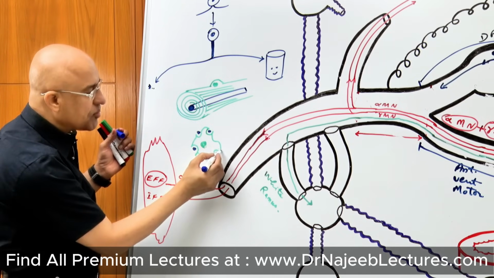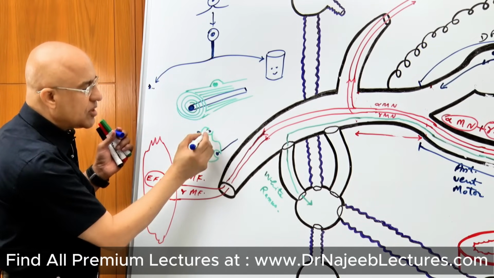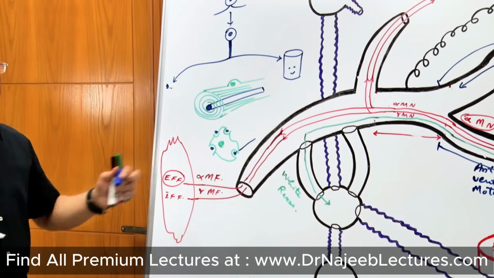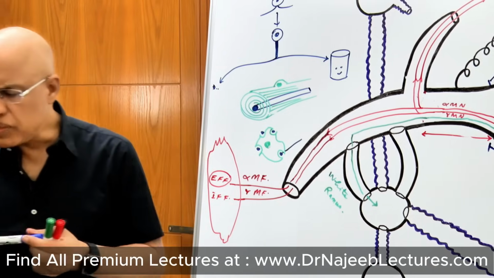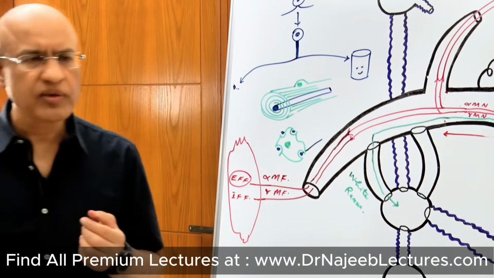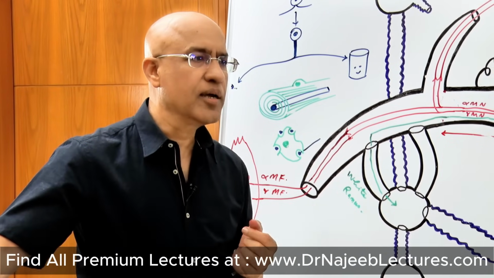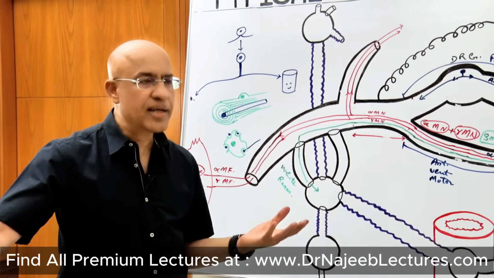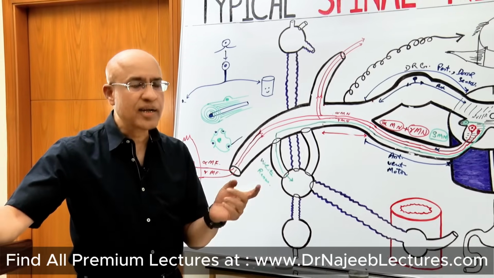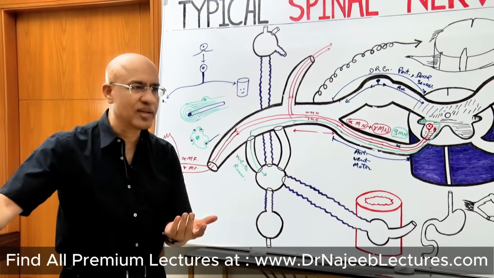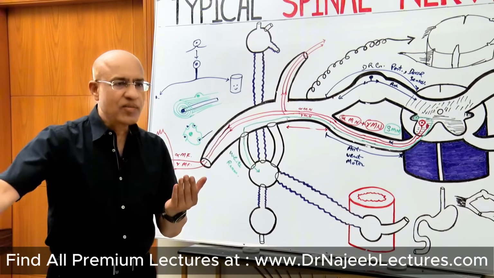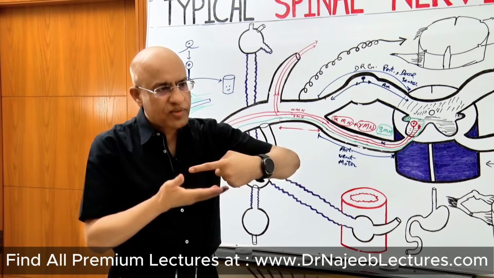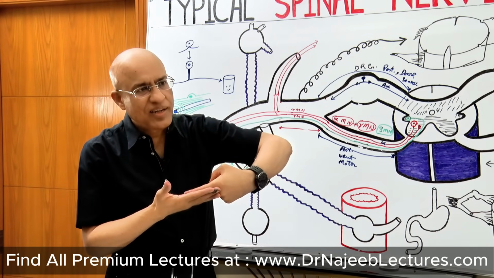So when the situation is like this, we say unmyelinated fibers. Many times medical persons are confused. They think myelinated means there are Schwann cells, and they wrongly think unmyelinated means there are no Schwann cells. But in reality, this is an axon and it is embedded in a Schwann cell, right?